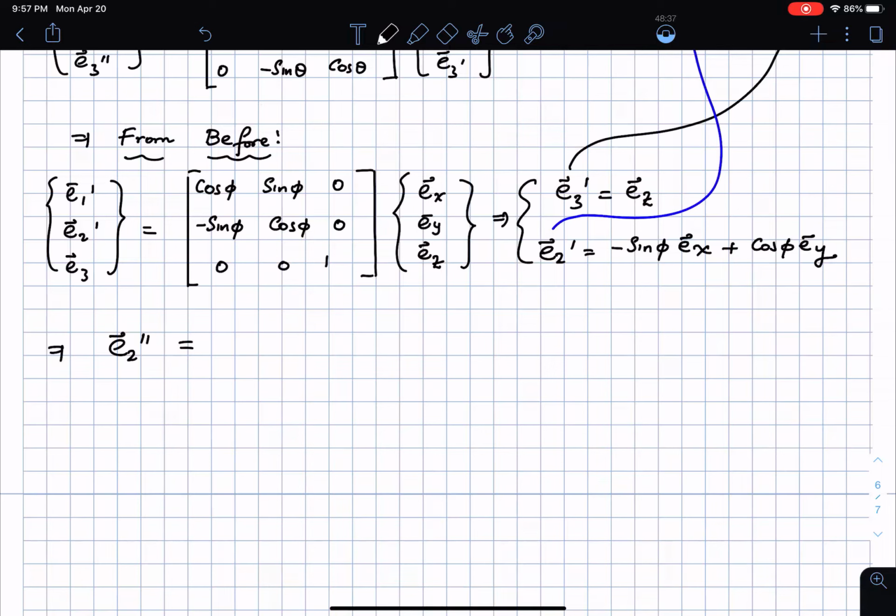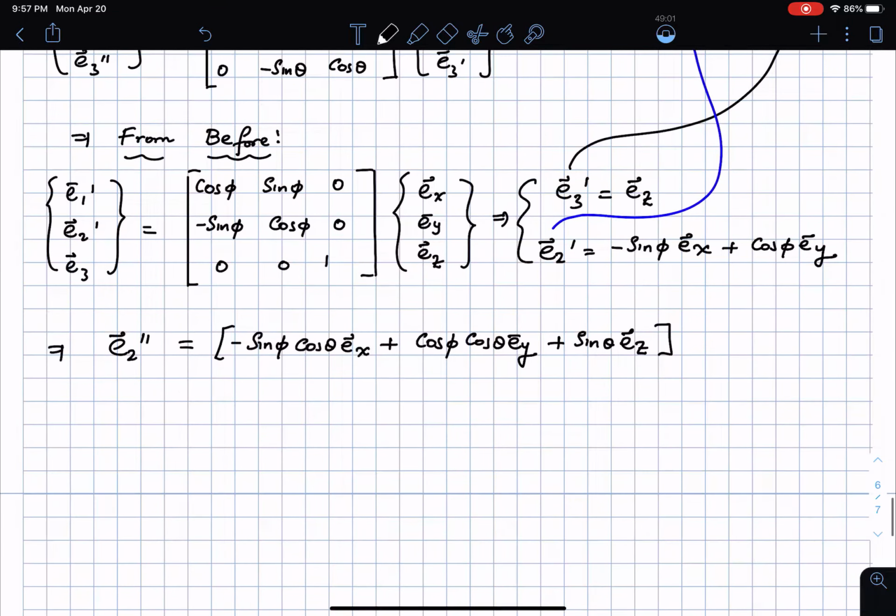So this is going to be minus sin phi cos theta Ex, then I'm going to have a cos phi cos theta Ey, and then plus a sin theta Ez. And then we can say the following.